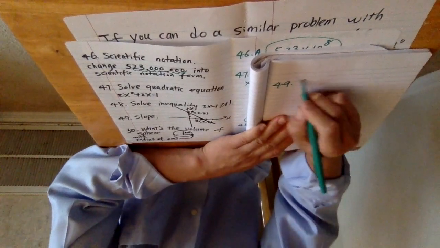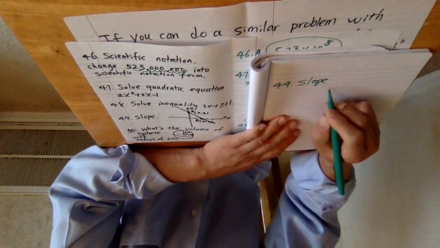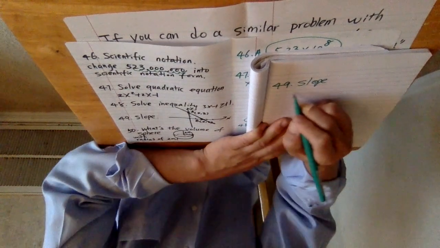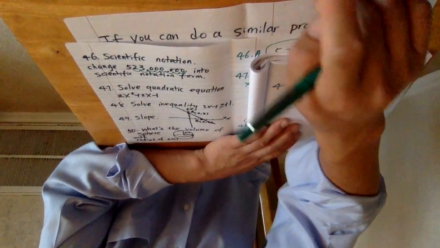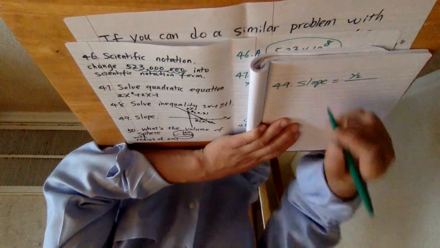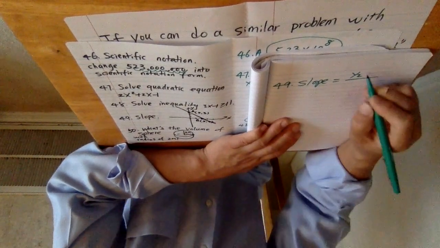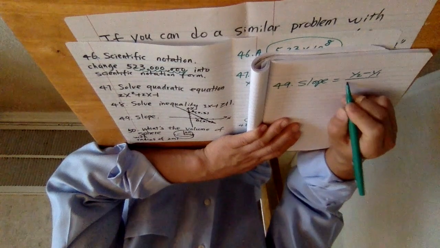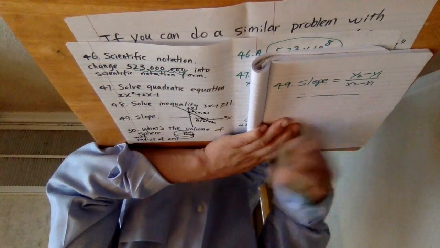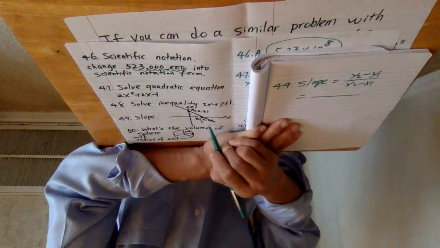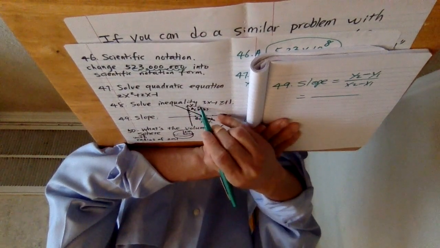Now the slope. The slope formula is y2 minus y1 divided by x2 minus x1. We can use these points as x1, y1 and x2, y2.